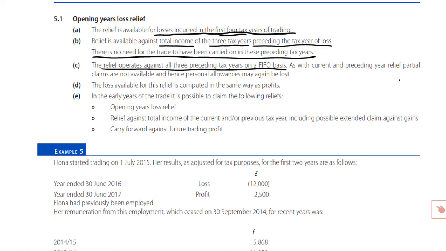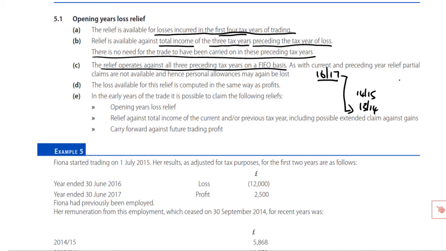So, for example, if you started trading during our 16-17 tax year, that was your first tax year, then we could go all the way back 3 years to 13-14 and go against the total income of 13-14. If the loss was bigger than the total income of 13-14, we'd come forward against the total income of 14-15.